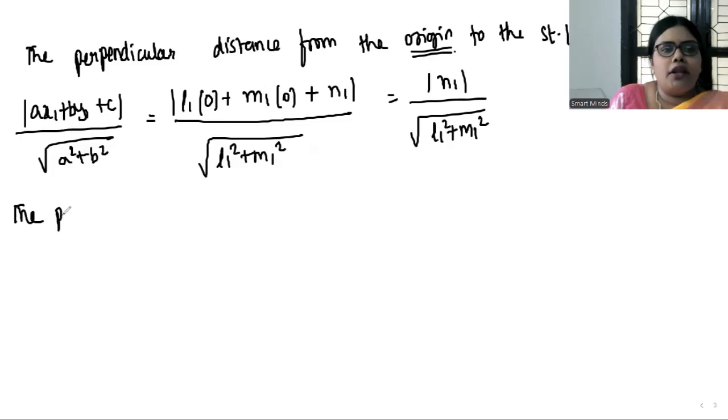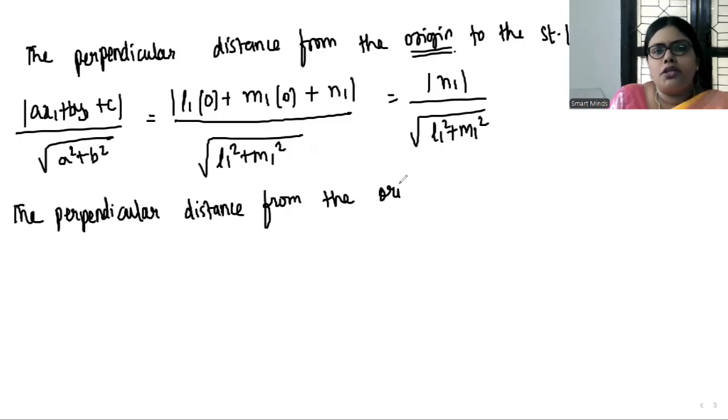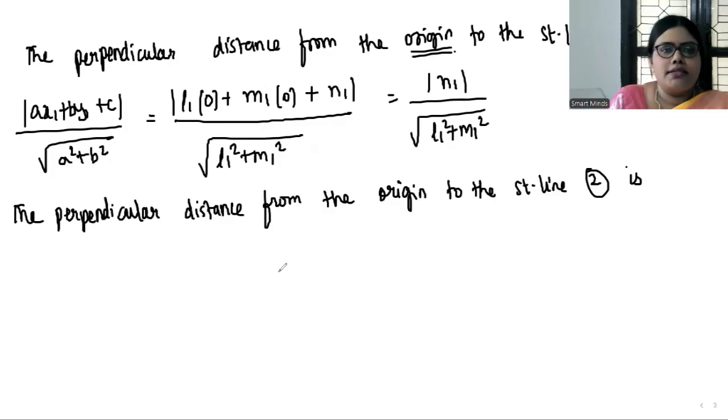Now again we will find the perpendicular distance from the origin to the straight line 2, which is mod ax1 plus by1 plus c by root a square plus b square.